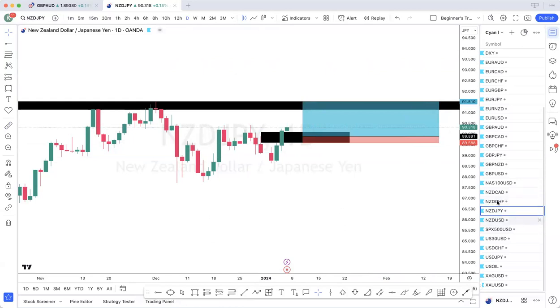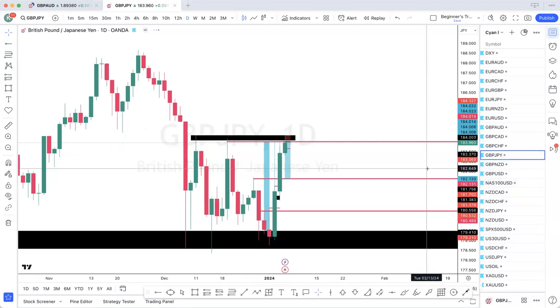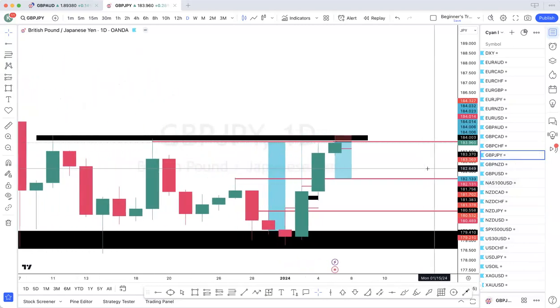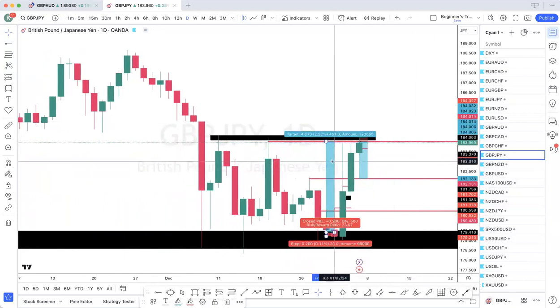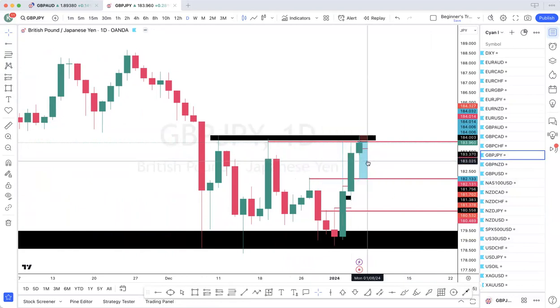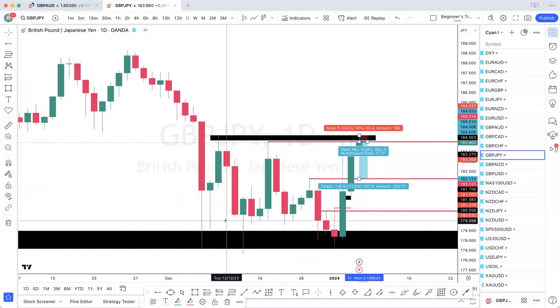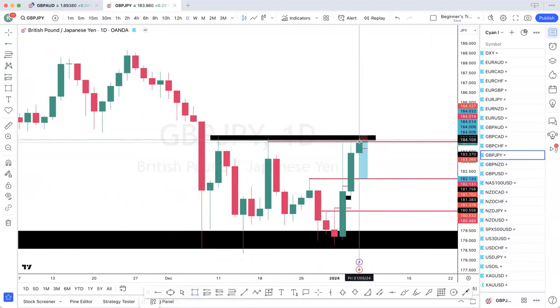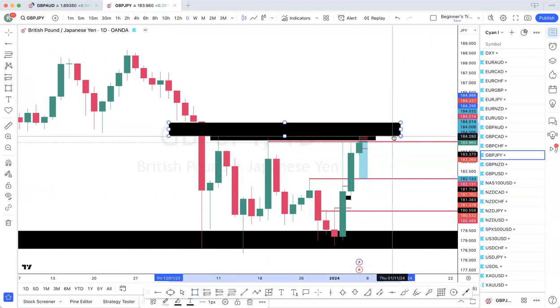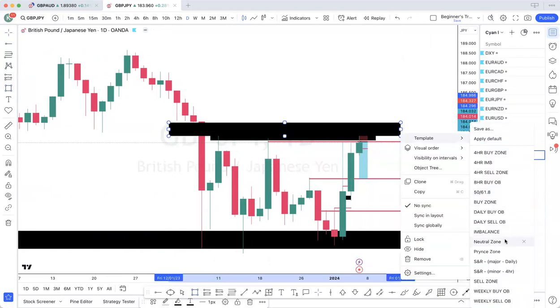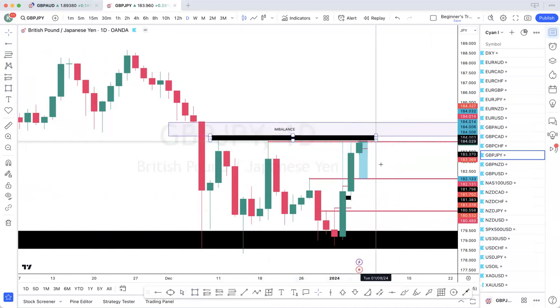NZDJPY. Who said they took that? That and GJ. So price is either going to pull back first, I think, or it might just tap into this imbalance and then sell down.